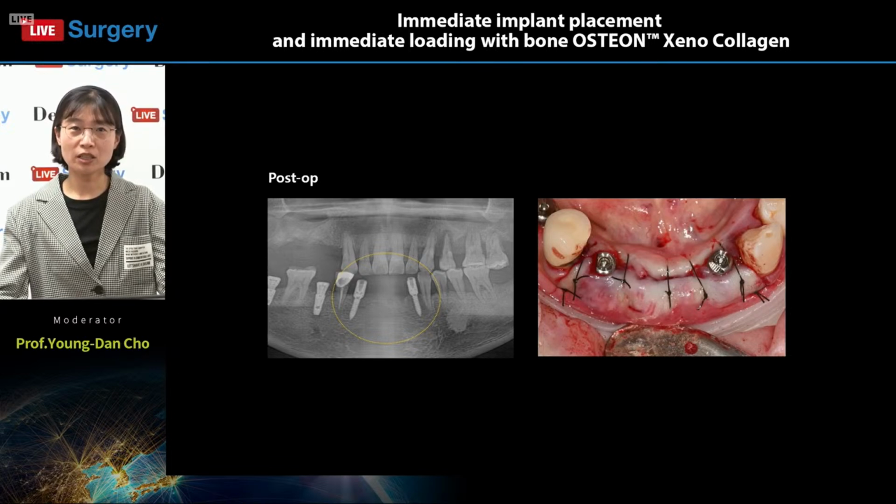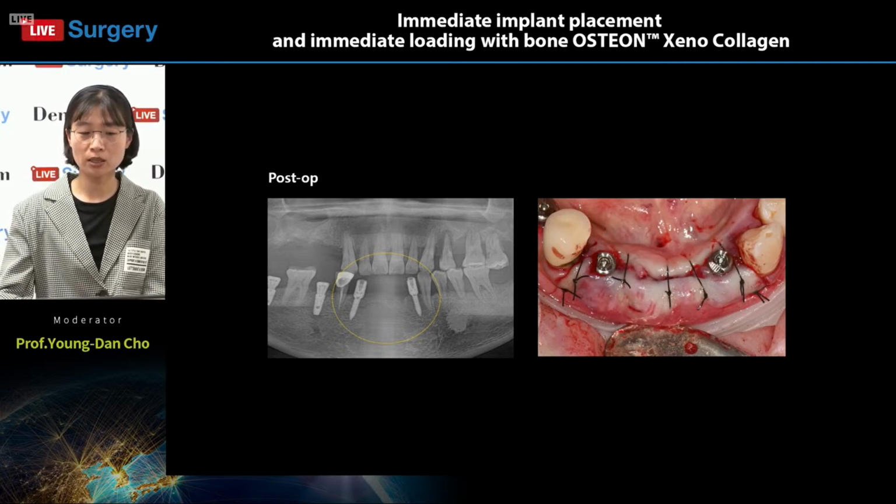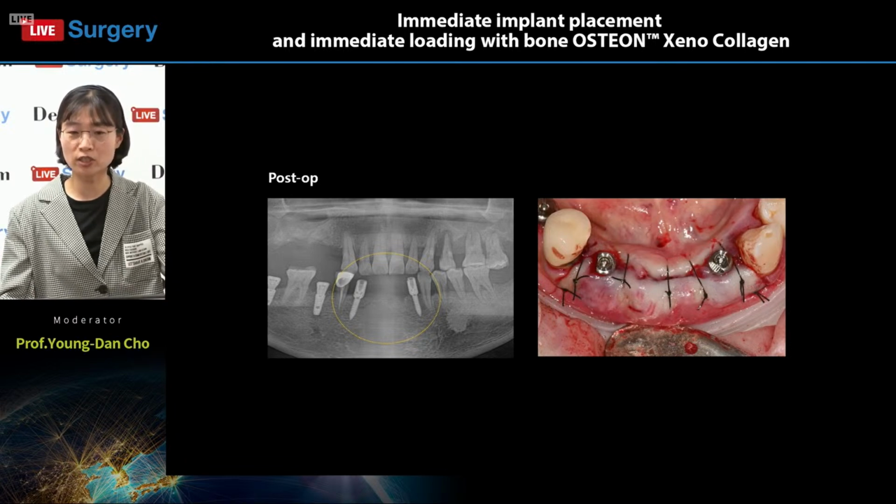Okay, the operation is finished well, and the patient got the radiographs, the panoramic view, and also CT. We can see in the panoramic view that the implants are placed well, and the scan abutment is connected well for the provisional prosthesis and the final prosthesis.